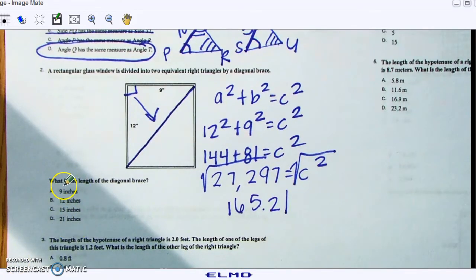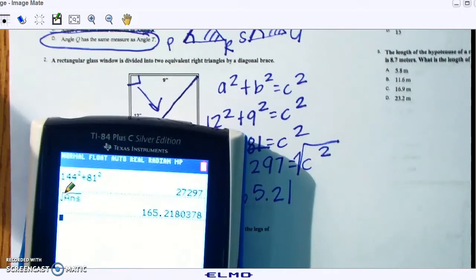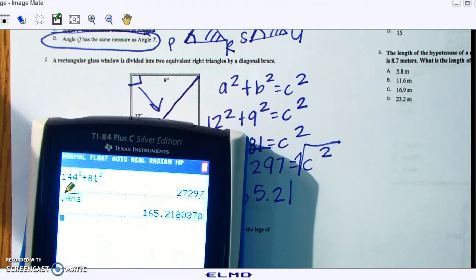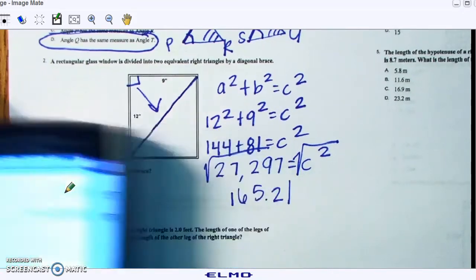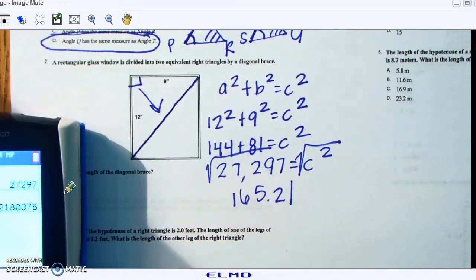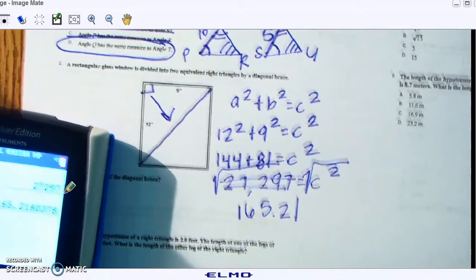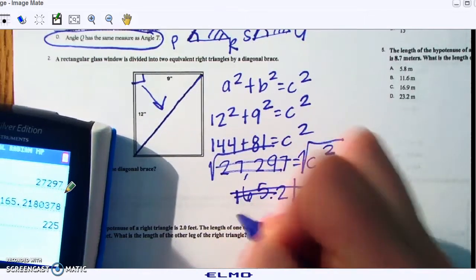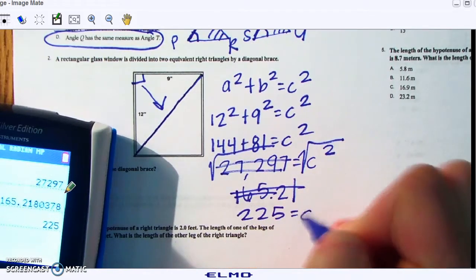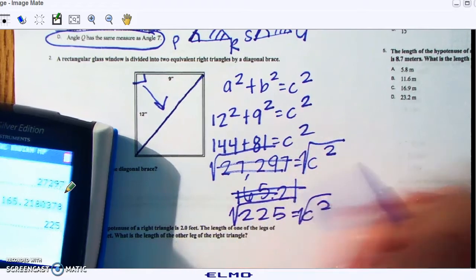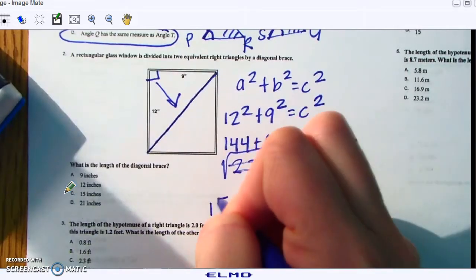Looking at my answer choices, that can't be right. I typed into my calculator 144 squared plus 81 squared, when really I should have just done 144 plus 81. So 144 plus 81 is equal to 225 is equal to C squared, which means that C is equal to 15.